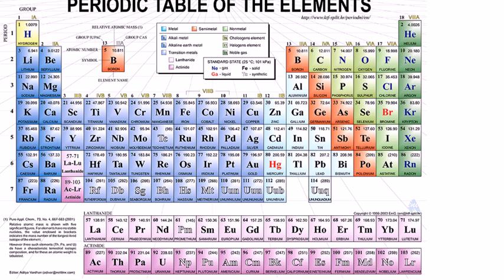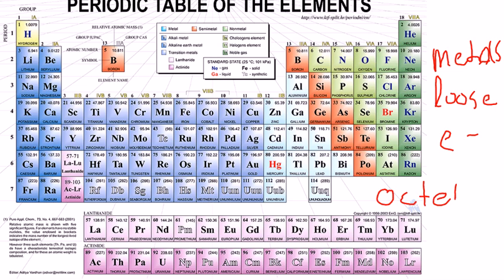One of the major properties of metals is that metals tend to lose electrons. They don't hold on to their electrons as tightly, because if they can lose their electrons, they can easily meet the octet rule.